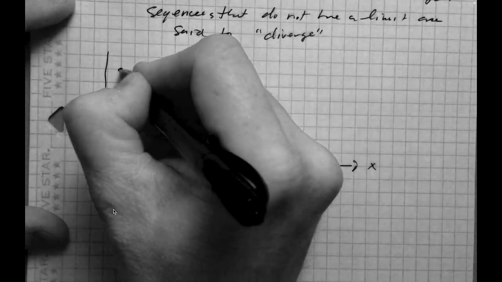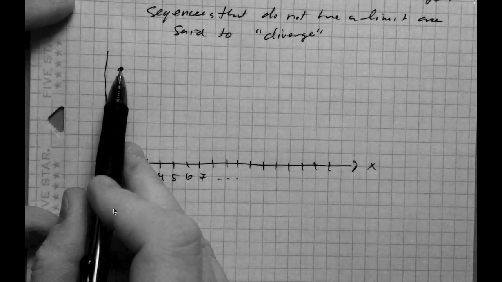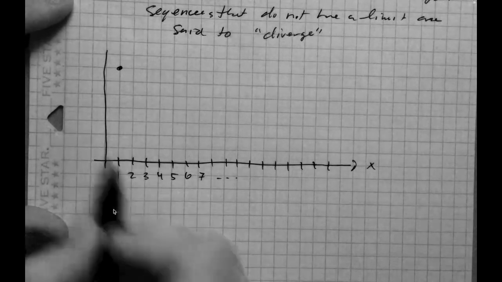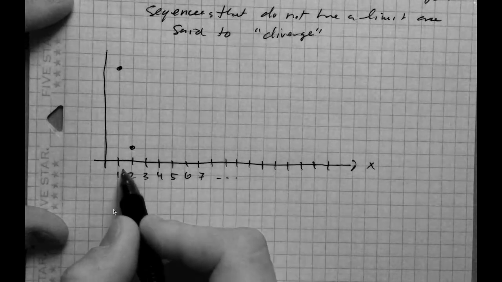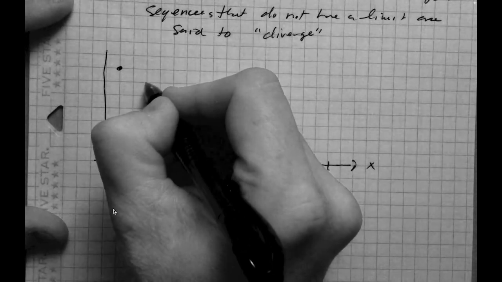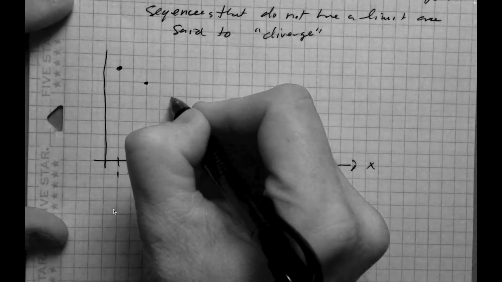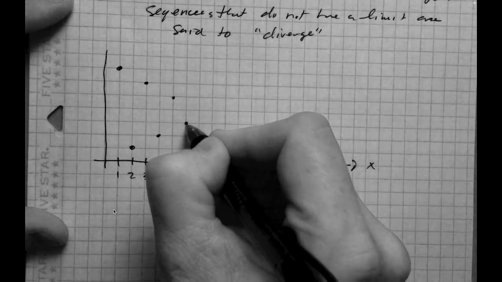So let's say maybe when n is equal to 1, the value of the sequence is way up here. Don't worry about what these values are. That's not important. And let's say when n is 2, the value of the sequence is down here. Then when n is 3, it's here. When n is 4, it's there. And when n is 5, so you can kind of see what's happening here.